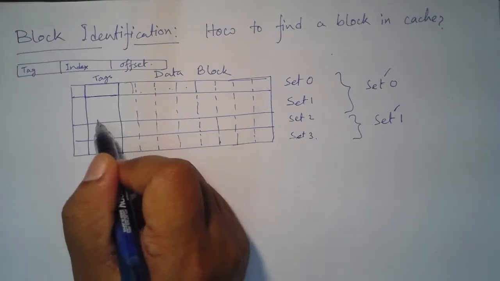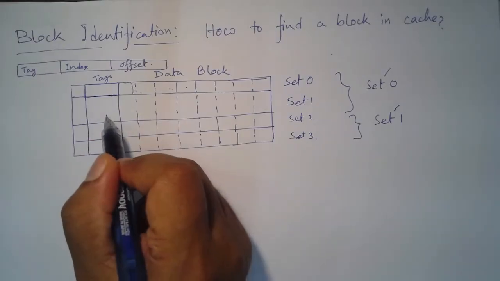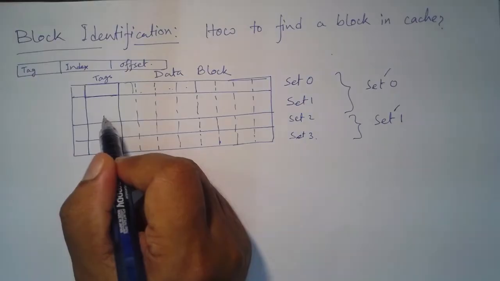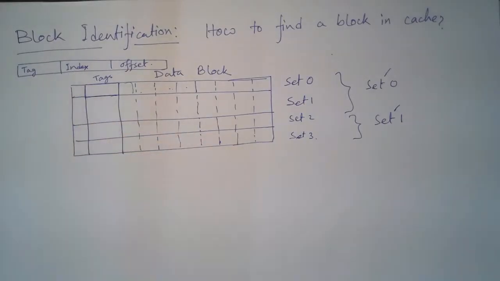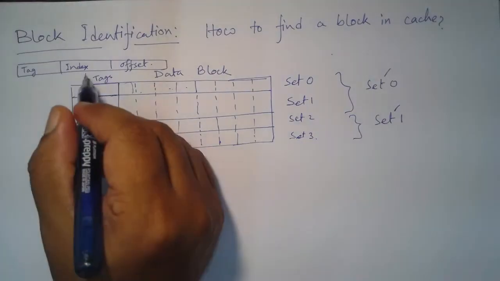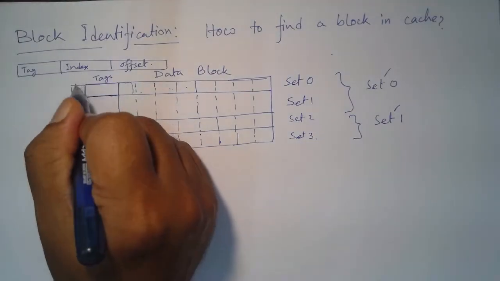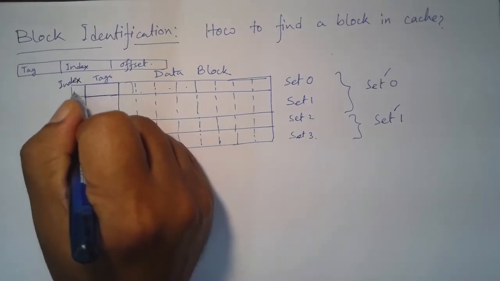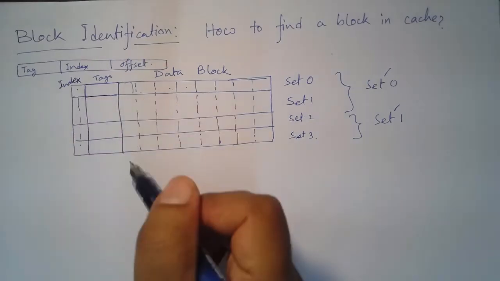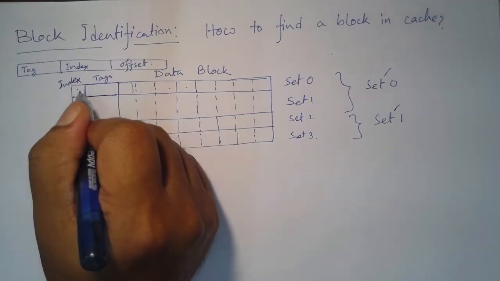Now how do you identify which block you want to specifically work with? That will be identified by the index. Generally this index is this bit value. There will be some other things like the valid bit.